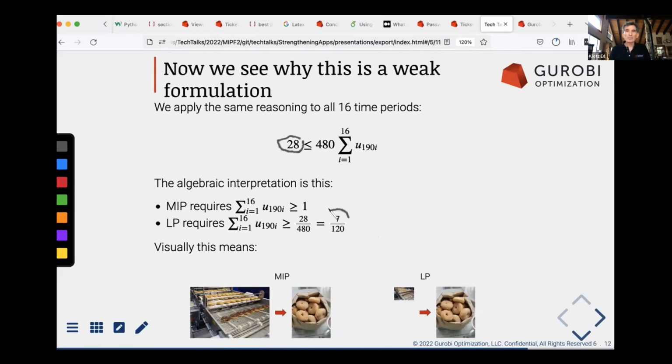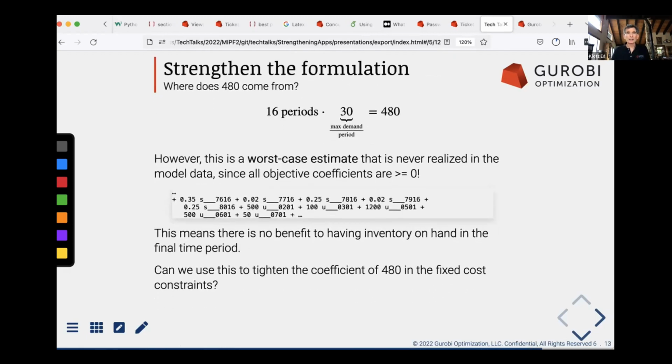It's just that you get a slightly larger fraction of 7/120 in the LP model. So the only difference is now the replica of the production machine is slightly bigger. Fundamentally, you still have the same weakness in the formulation.